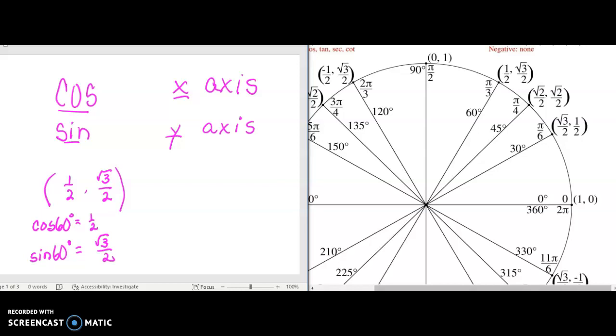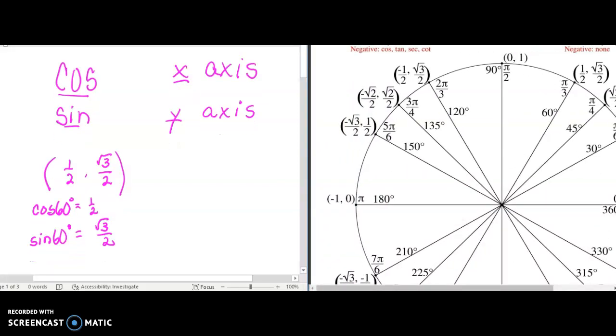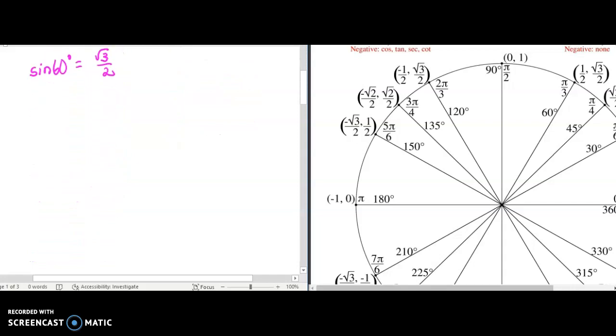And we can go around the circle, different angles. I can give the angle to you in radians instead of in degrees. I could say, what is the sine of 5 pi over 6? So you're going to find 5 pi over 6 on your unit circle.